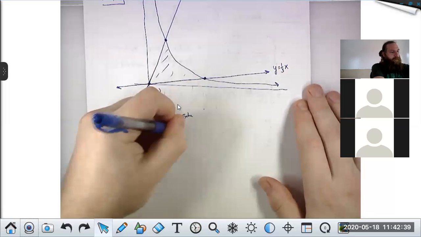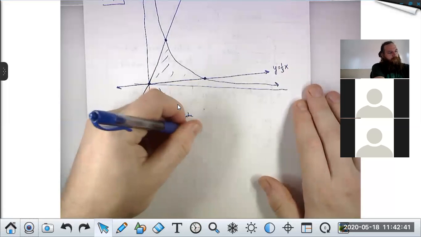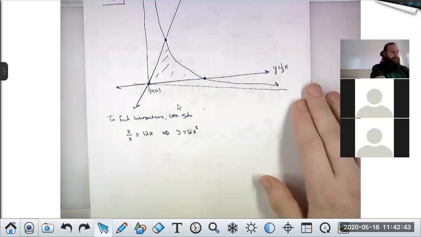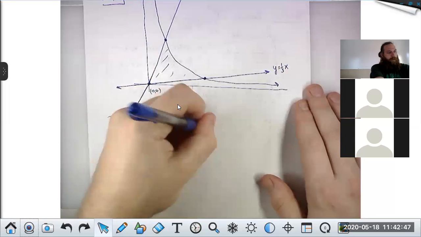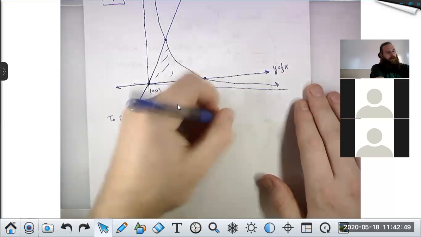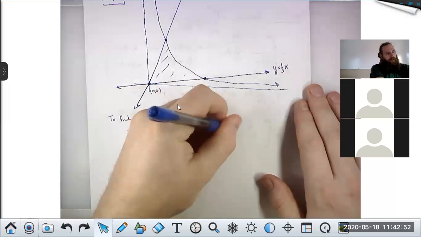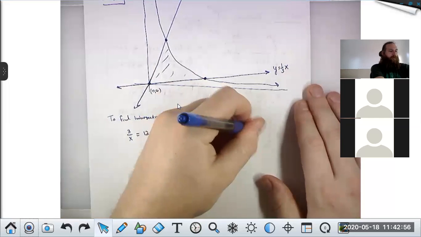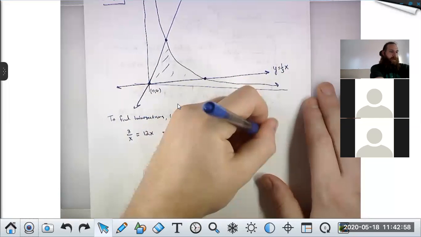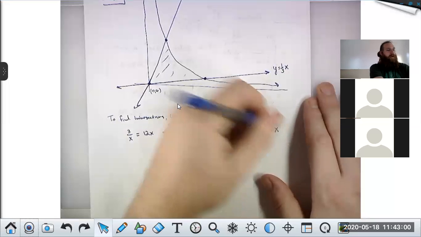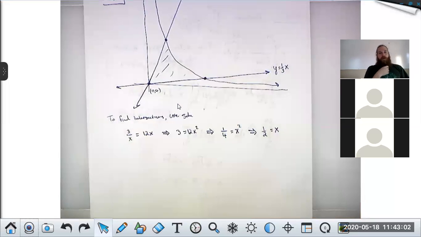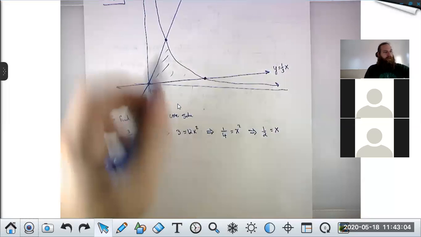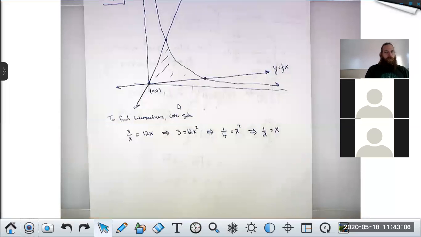So that gives me 3 equals 12x squared. And then I can divide both sides by 12. So I get 1/4 equals x squared. And then I can take square roots on both sides, and I get 1/2 equals x. I get a plus and minus 1/2, but I'm clearly only interested in the positive solution here because I'm working in quadrant 1.